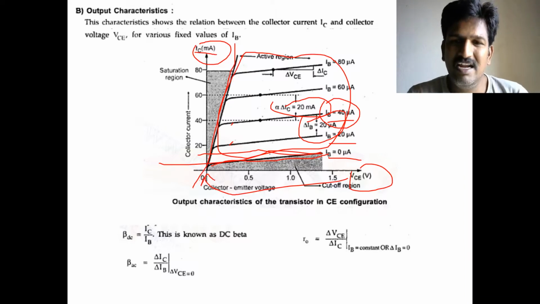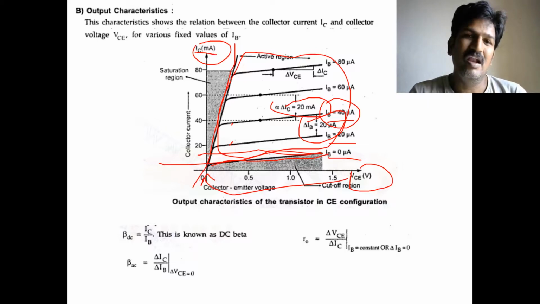So you should understand the relation. Here VC is nothing but VCC minus ICRC. RC is constant but IC is variable, depending upon IB only.